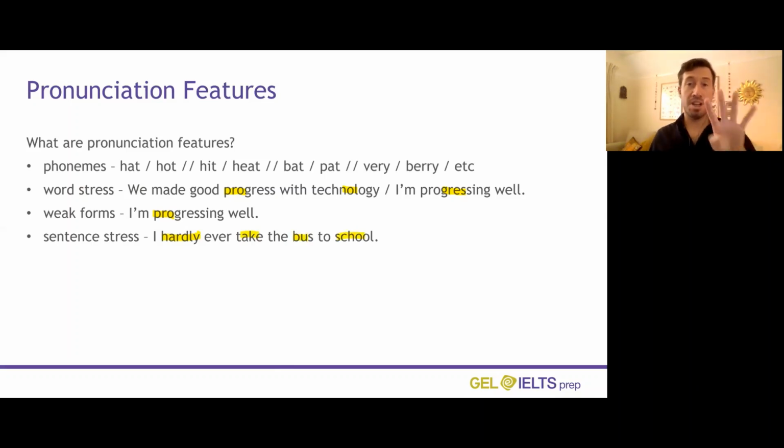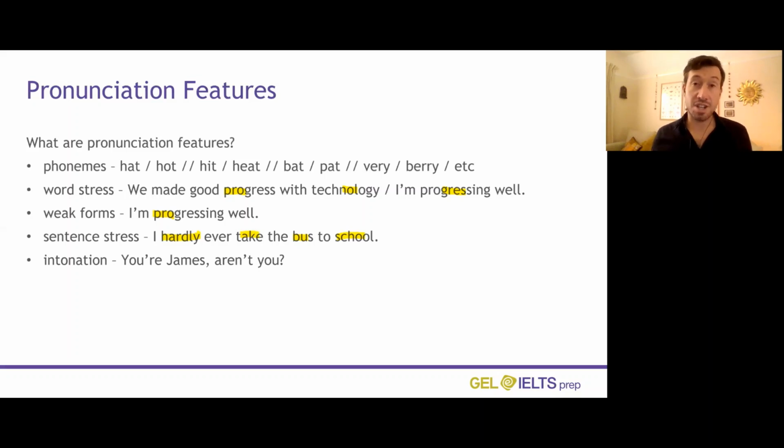Those 4 words are all strong words or stressed words. They're the strong words in that sentence. And that's what we mean by sentence stress. So that's another pronunciation feature.